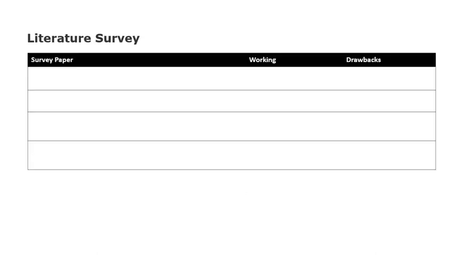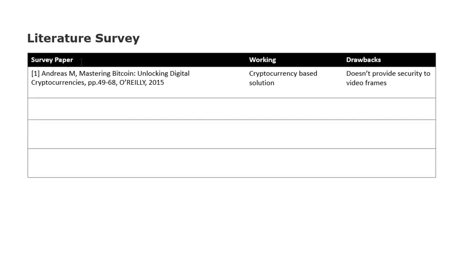Okay, so let us come to the literature survey part of it. Literature survey actually explains the reference papers along with some brief working of them and the drawbacks of that paper. Okay, it's a kind of existing system, right? So the first paper that we are going to talk about is Unlocking Digital Cryptography by Digital Cryptocurrencies by Andreas.